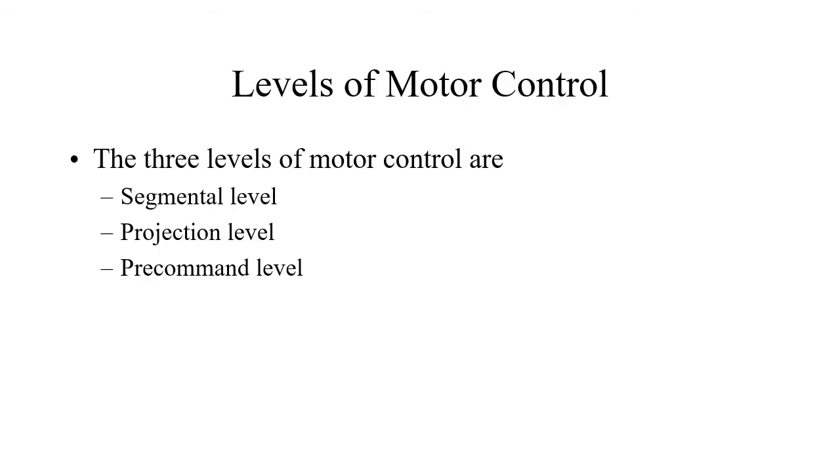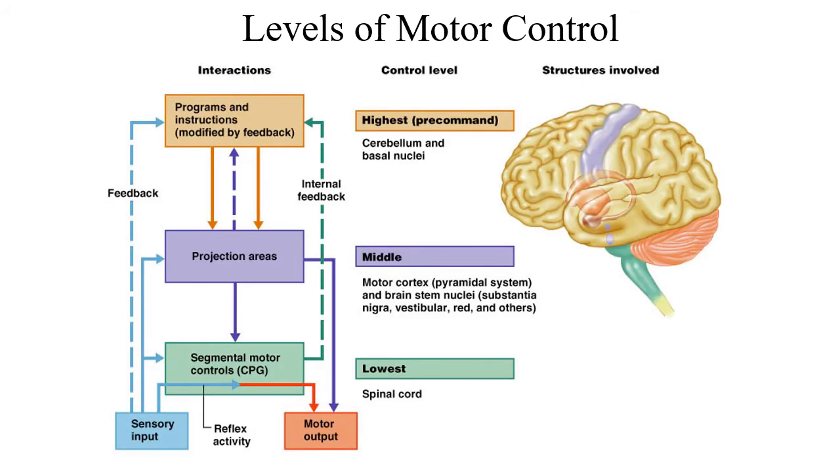Motor control comes at 3 different levels of generalized control. We have segmental control, projection level control, and pre-command level control, going from the least amount of control to the greatest amount of control. So as we look at things, we have the lowest amount of control at our segmental.